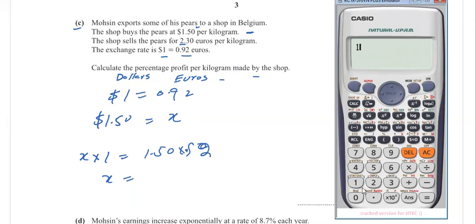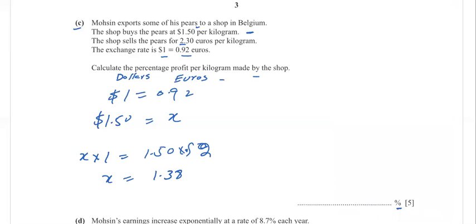So 1.50 times 0.92. So that is 1.38 euros. 1.38 euro. It means the cost price per kg is 1.38.